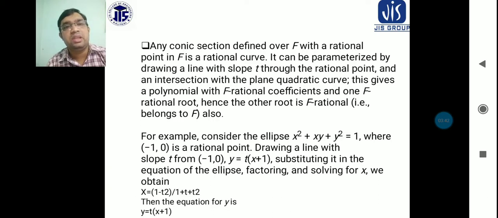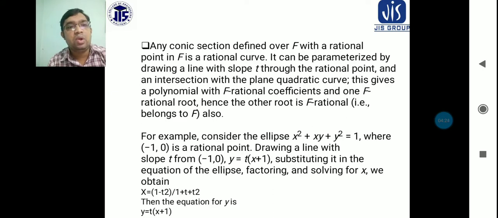It can be parameterized by drawing a line with slope t through the rational point and finding its intersection with the conic. This gives a polynomial with F rational coefficients and one F rational root. The other root is F rational, that is, it belongs to F. For example, consider the ellipse x squared plus xy plus y squared equals 1, where the point (-1, 0) is a rational point.